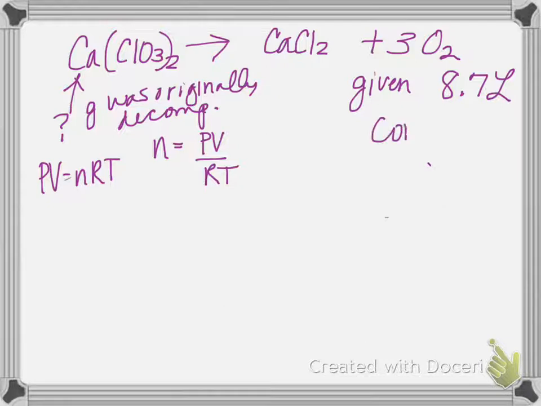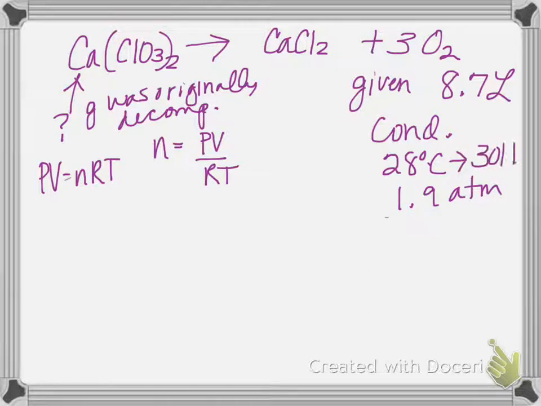So conditions not at STP are going to be, let's go with 28 degrees Celsius. And let's go ahead and keep it easy and say 1.9 atmosphere. So 28 degrees Celsius is going to be 301 Kelvin. Yes? Okay. So we're going to throw everything in and solve for moles. Okay?